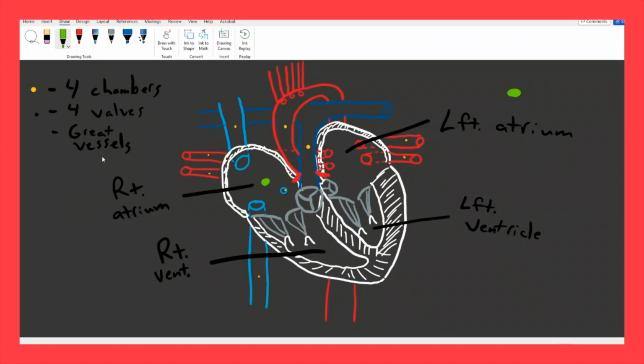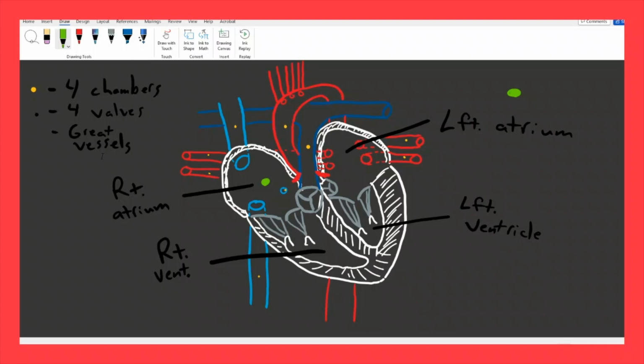Now, you probably already know by this point that the two atria contract, forcing the blood down into the ventricles. When you think of a typical heart sound, and that's me just making a heart sound with my throat, so that's not actually my heart beating.